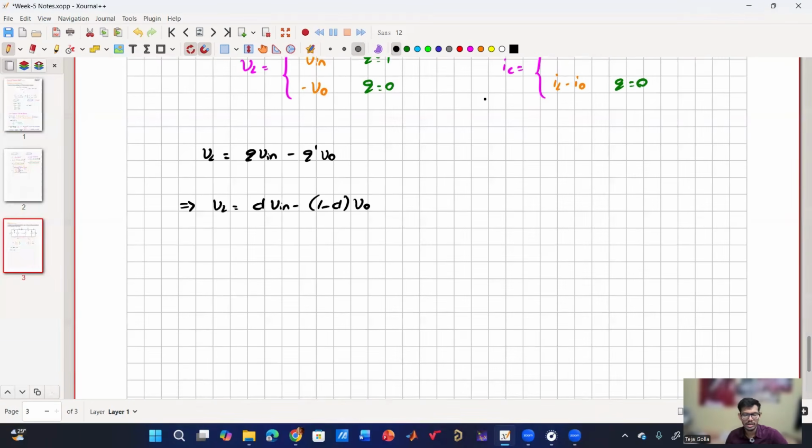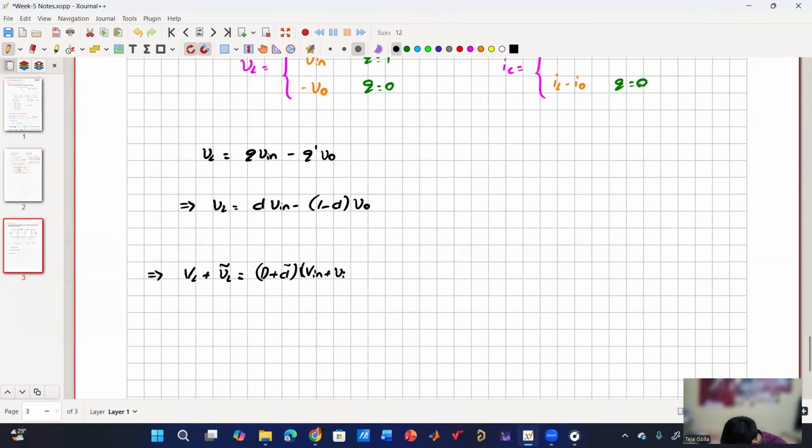Now I'll replace everything by its average value plus perturbation. So I'll have VL plus VL tilde is equal to D plus D tilde into Vin plus Vin tilde.